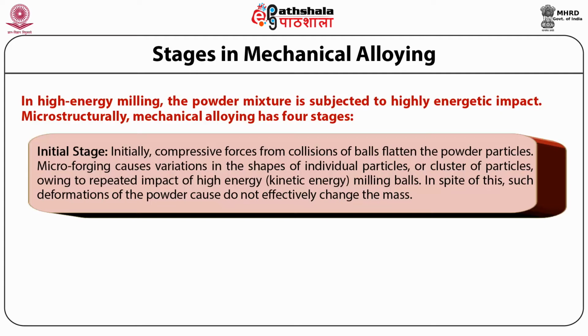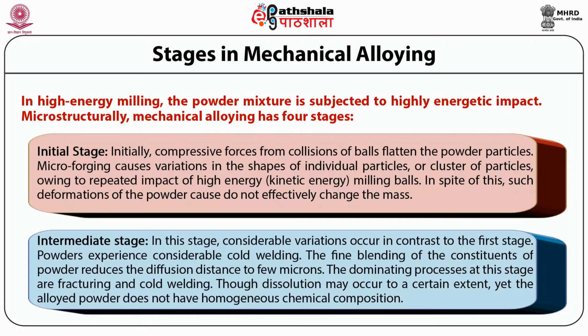Second stage is the intermediate stage. In this stage, considerable variations occur in contrast to the first stage. Powders experience considerable cold welding. The fine blending of the constituents of powder reduces the diffusion distance to a few microns.